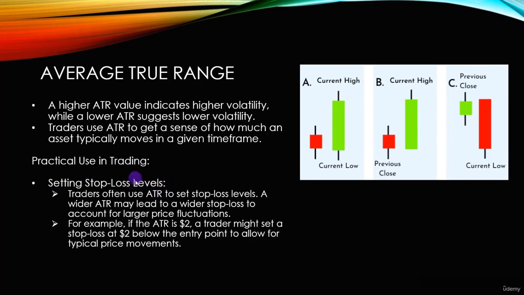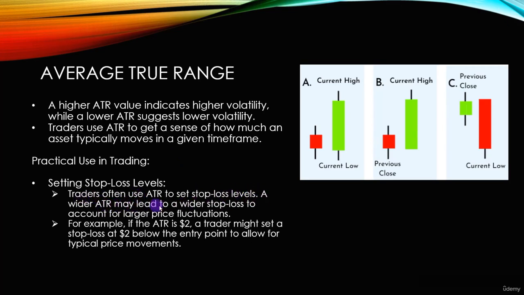If you have a low volatility market, you can squeeze your stop loss relatively closer to your position, which will be to your benefit. And if you are reading a high value of the ATR, you wouldn't want to put the stop loss very close, because the price is moving so much that it's going to touch your stop loss very soon.